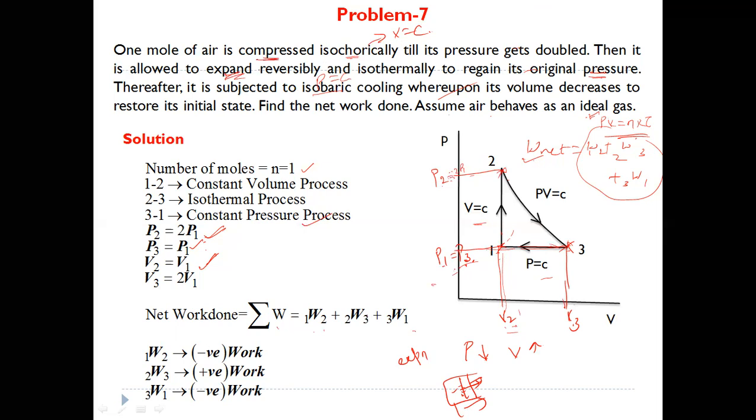Compression process means it is a negative work. Okay. And work done 2 to 3 is an expansion process. So expansion process is a positive work. And the third process, isobaric process, is a cooling where volume decreases. Volume decreases means a second compression is taking place, that is a negative work. Okay. So first we have to write whether this work done is positive or negative.